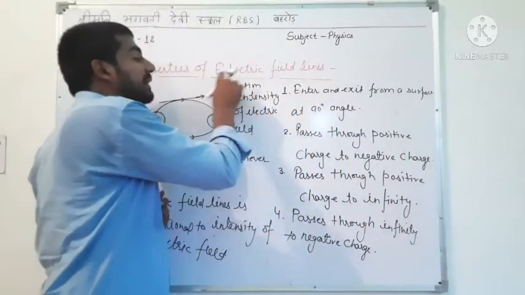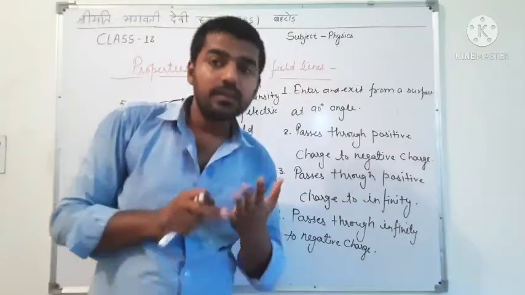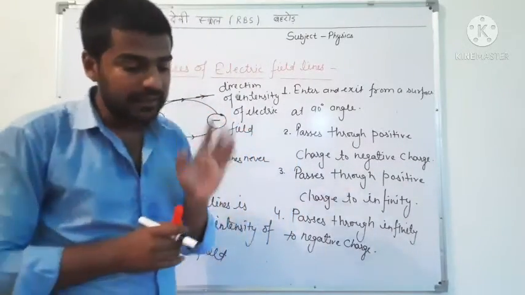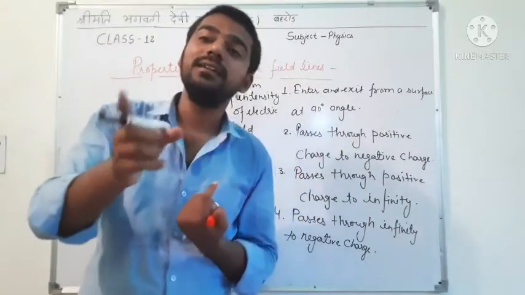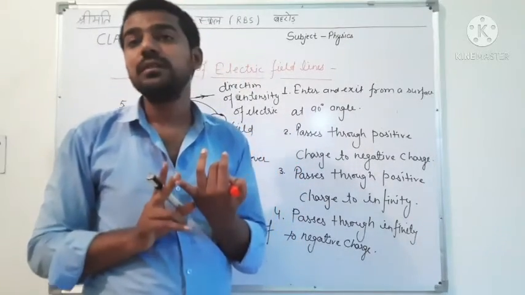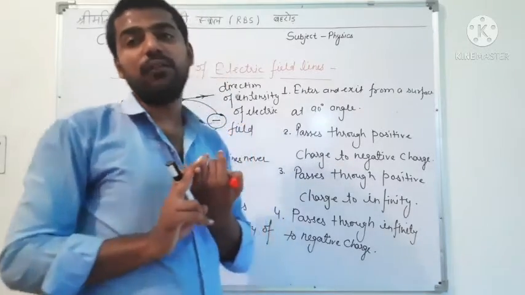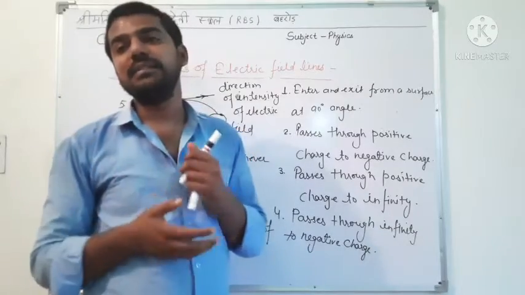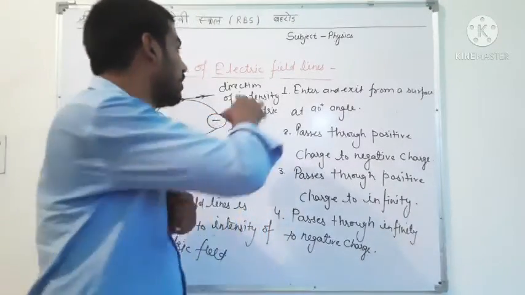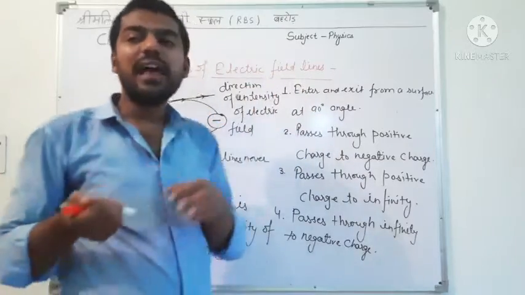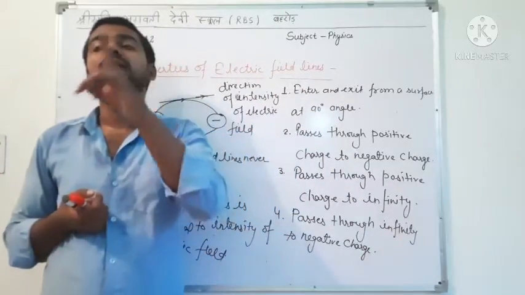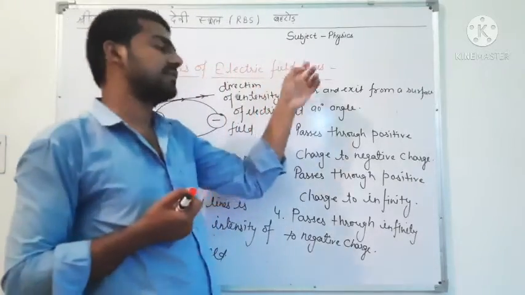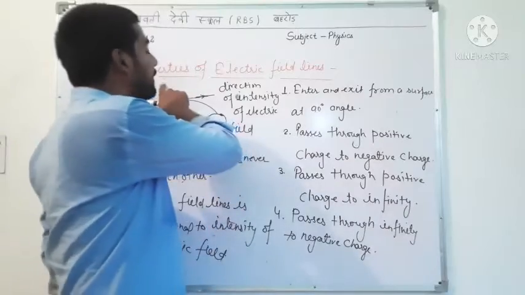Today we studied electric field lines. If we take a test charge in an electric field, then the electric field applies an electric force, and under the action of electric force the test charge moves along an imaginary path, and the imaginary path is called an electric field line. The properties of electric field lines are seven.